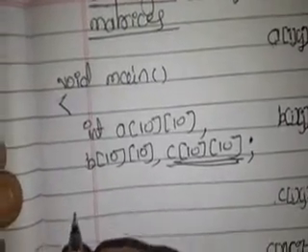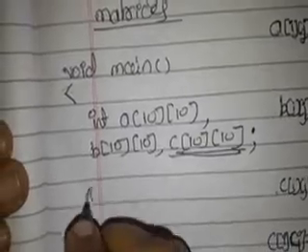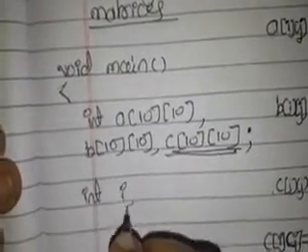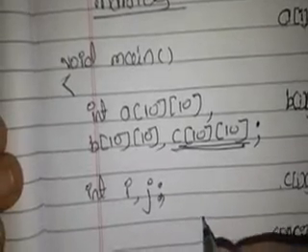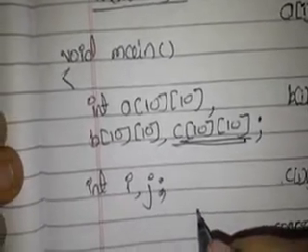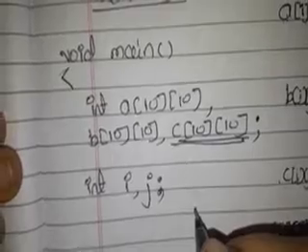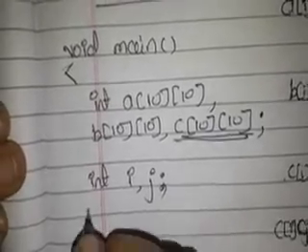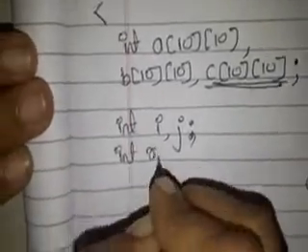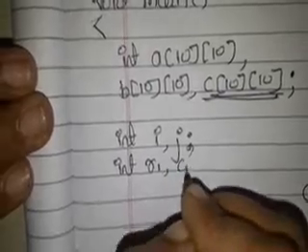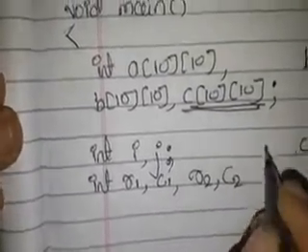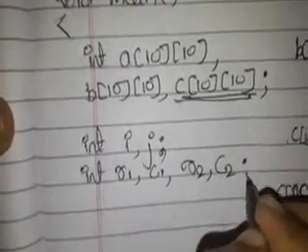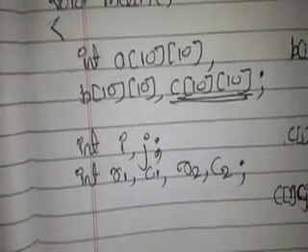Next, I need control variables, that is i and j. And I need the rows and columns of the first and second matrix, so I will take R1 comma C1 for the first matrix and R2 comma C2 for the second matrix. These are the different variables required for this program.